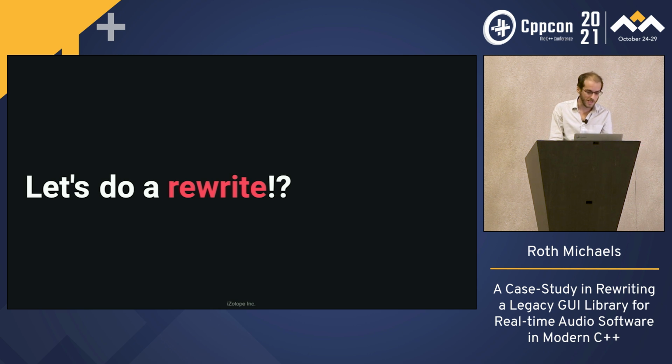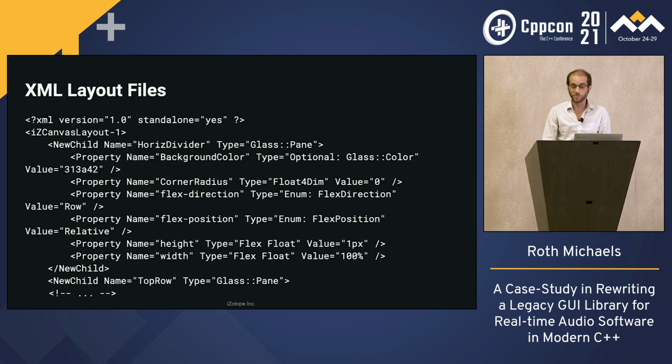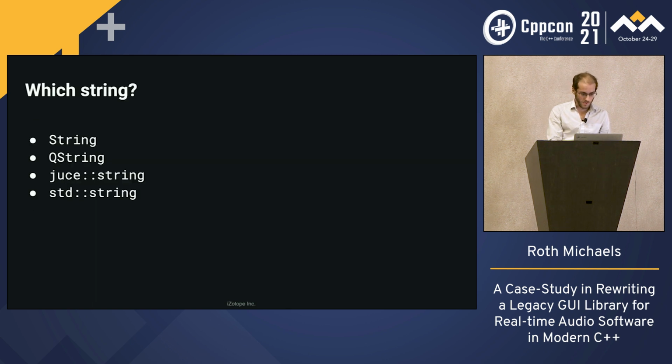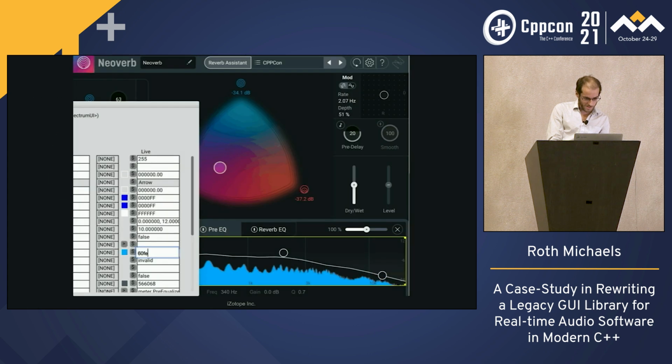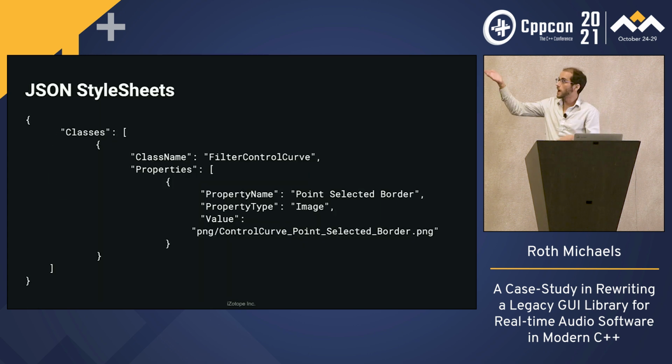One of the reasons we wanted to keep it is we had a system for specifying layouts for our UIs in XML. So you can have a tree of child views and specify their properties all in XML. We also have style sheets for applying property settings based on classes throughout the entire UI.